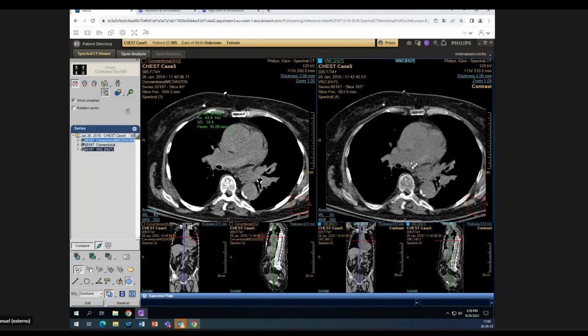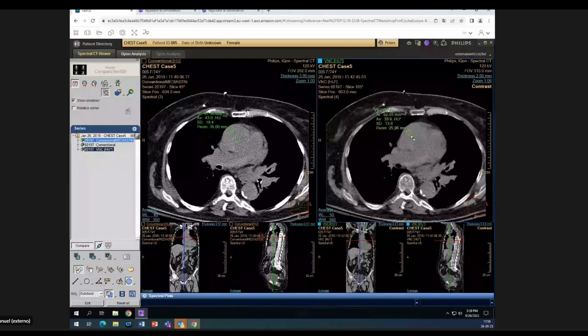And here you have the virtual non-contrast. If you compare this region of interest with this one, it's quite close. It's 39.6, 3 Hounsfield unit difference.